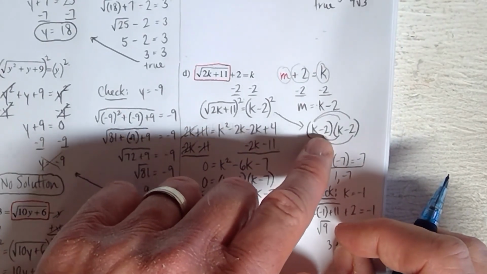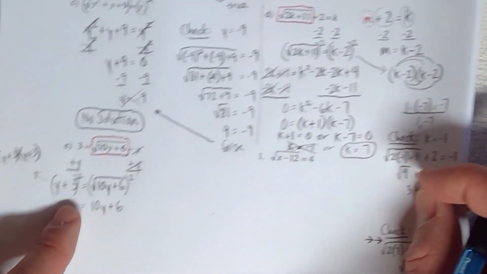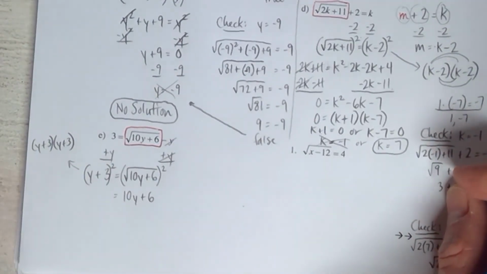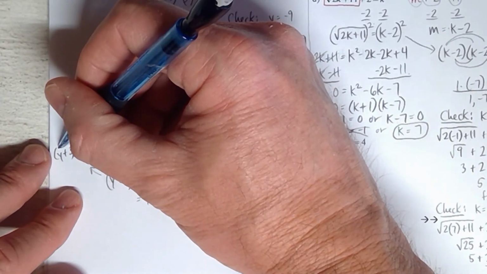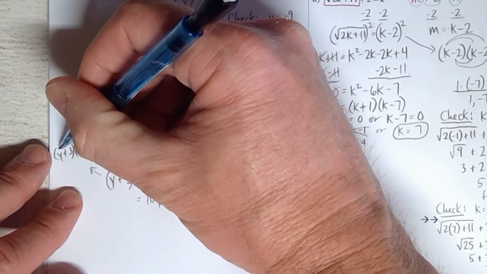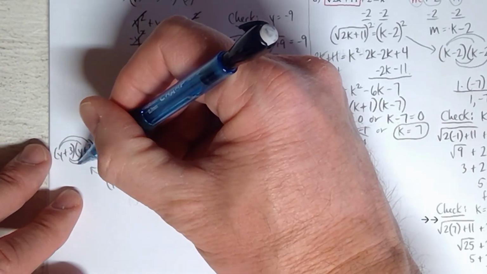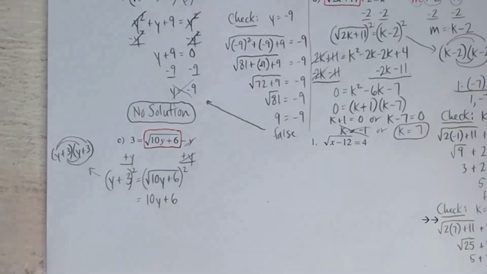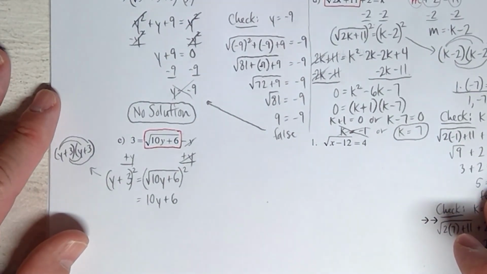But when you've got two terms with a plus or minus in between, like we do with k minus 2 or with y plus 3, that's when you do this thing from the first day of class where you go y times y and y times 3, and then 3 times y and 3 times 3. It's all because there's two terms inside that bracket with the plus or minus separating it.